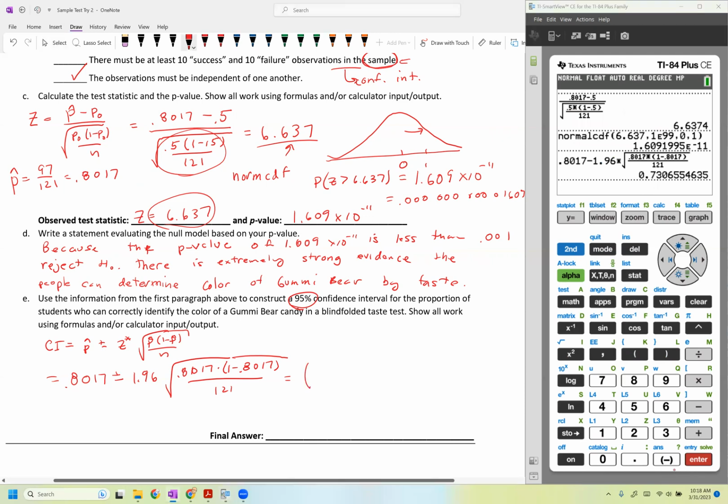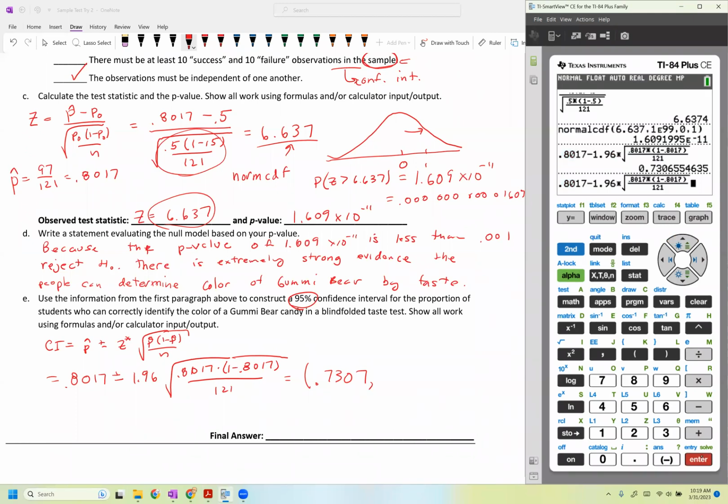So our lower bound for our confidence interval is 0.73. Now let's go up here twice, and go to the far left-hand side and change that to a plus sign.